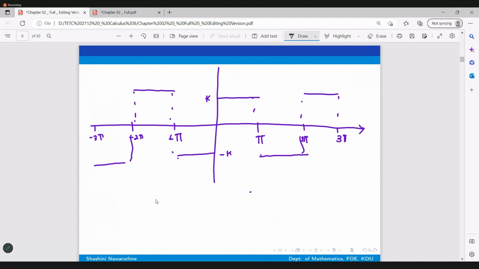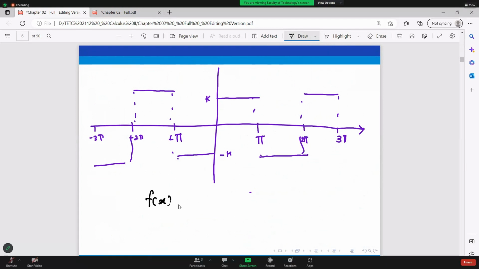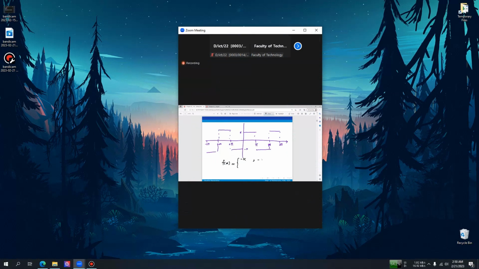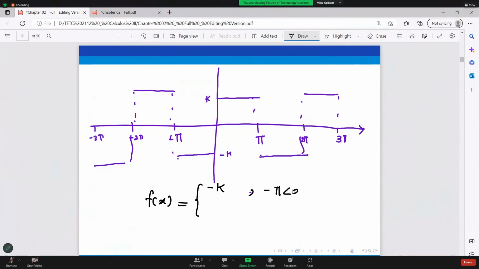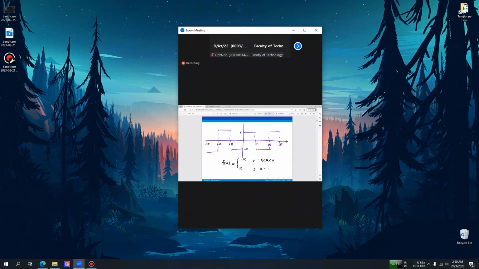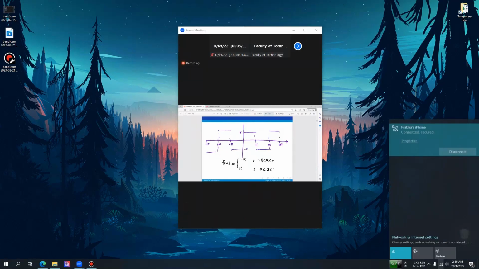If we consider the function f of x, which is defined as minus k from minus 5 to 0 and k from 0 to 5.